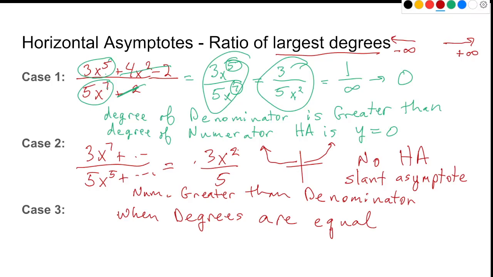So let's go with 5x to the third plus 2x, and in the denominator, let's go with 2x to the third minus 4. Okay. Again, all we have to look at is the two largest, and so we're going to analyze this as if it were just that, and again, we ignore everything else because it doesn't matter as x gets really large.